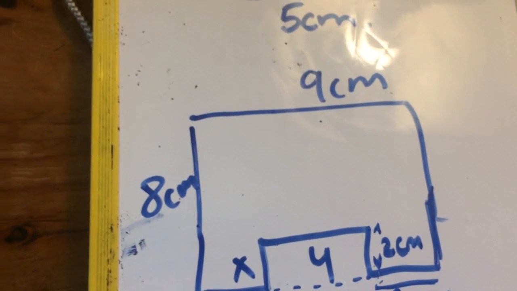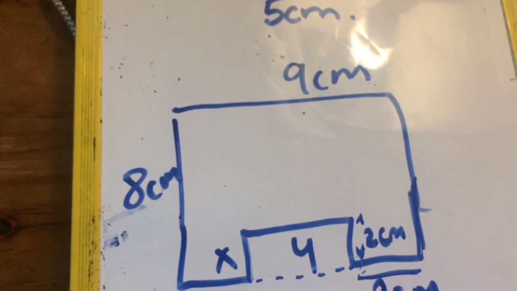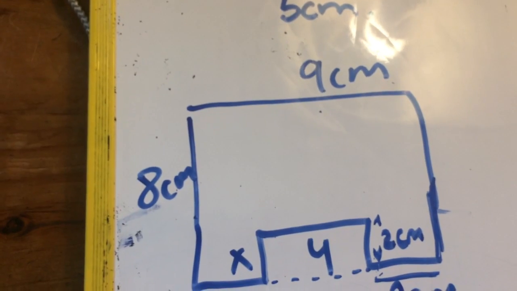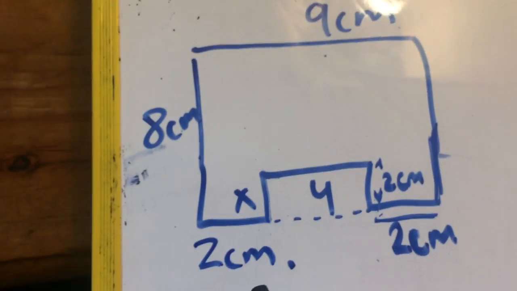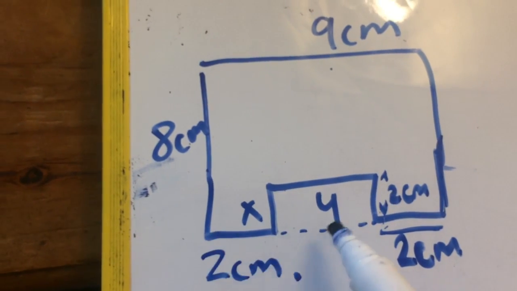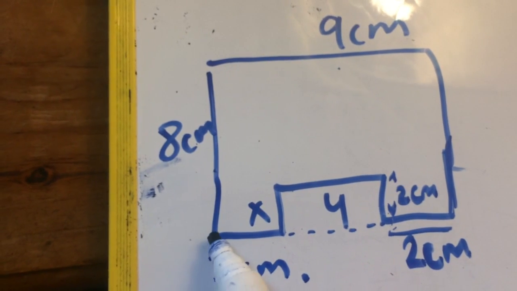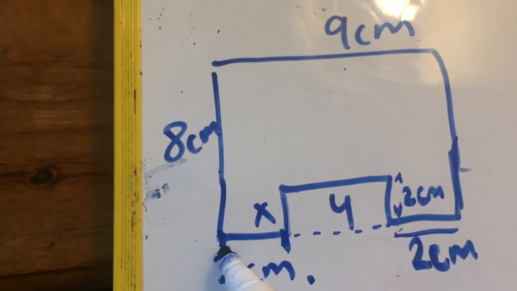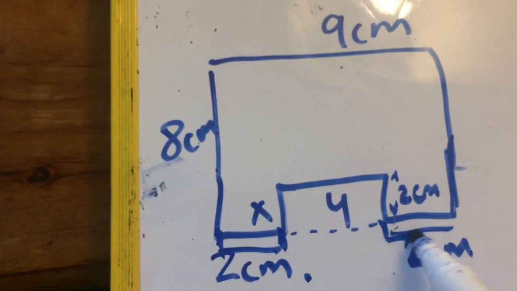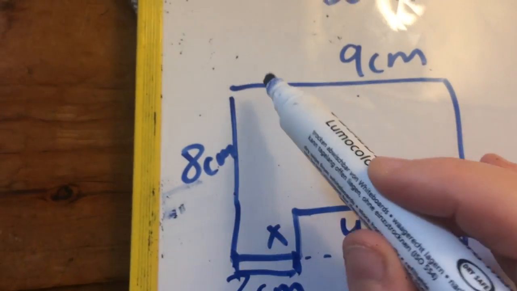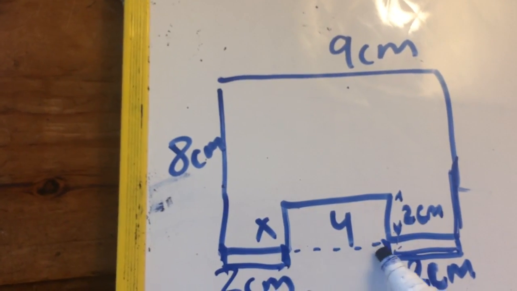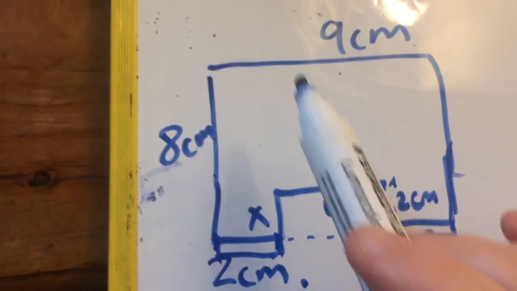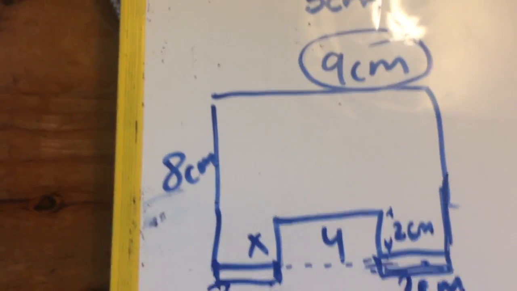And so we can work out a number of things. Oh, yes, sorry, I missed one thing there. Okay, so here we have, let's look at Y first of all. Okay, so it's 2 centimeters along here and it's 2 centimeters along here. Okay, so if that line was completely across, it would be equal to 9 centimeters.